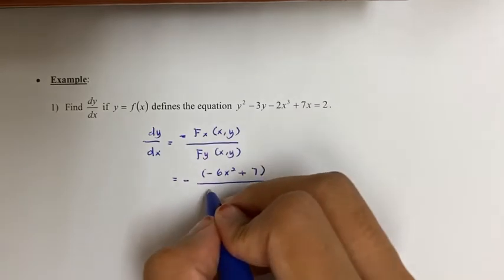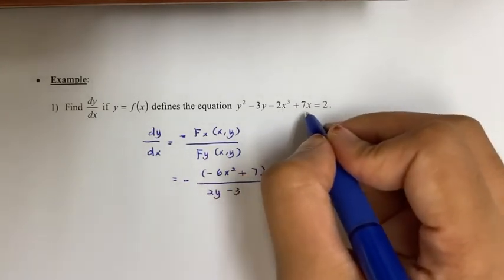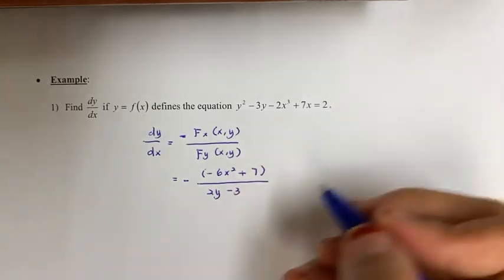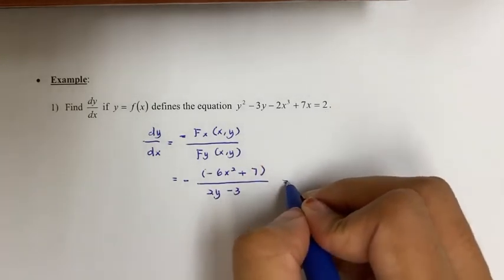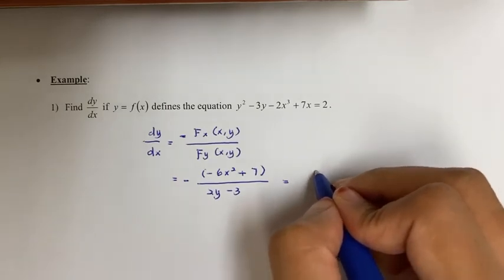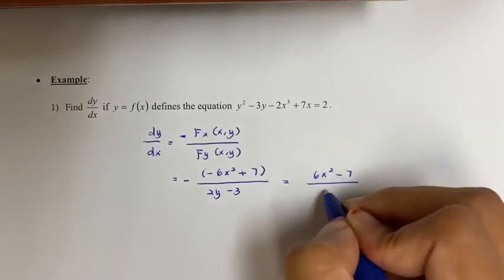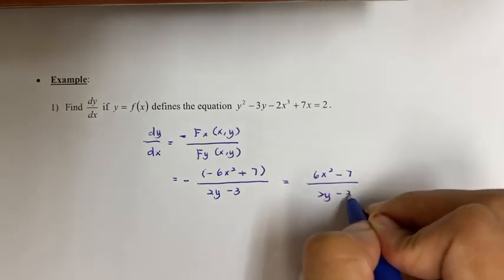So this one, you have 2y minus 3. Minus 0 plus 0 equal to 0. So this is the last answer. Okay, so you have 6x squared minus 7 over 2y minus 3.